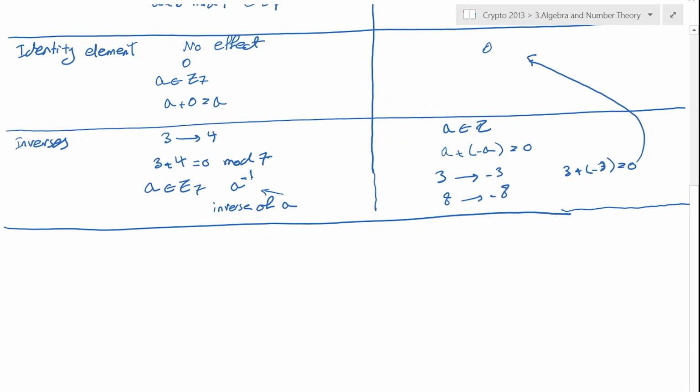And the next property that we have is the associative property. The associative property says that if you want to do A plus B plus C, no matter how you parenthesize and prioritize one computation over the other, you always have the same result.